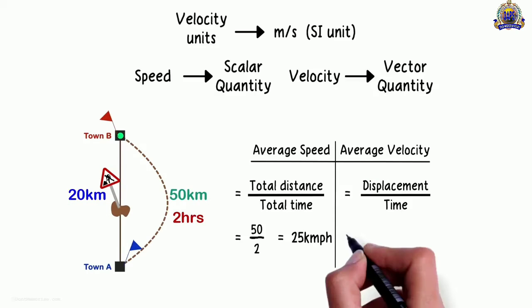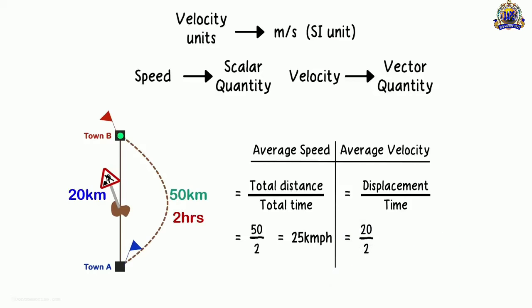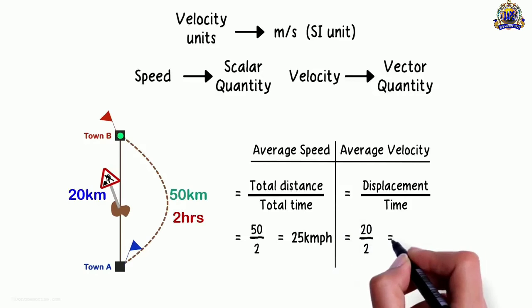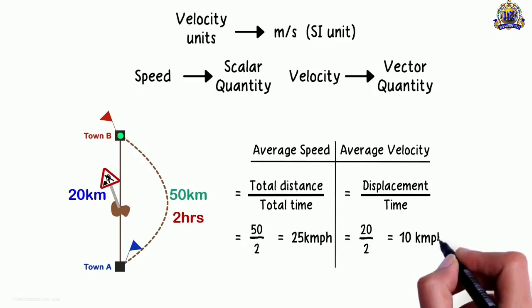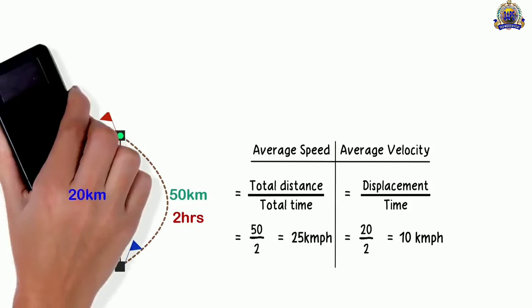Displacement is only 20 km and time is 2 hours, so it will be 10 km per hour. So average velocity is 10 km per hour, and the average speed is 25 km per hour. There is a lot of difference between the average speed and the average velocity here.